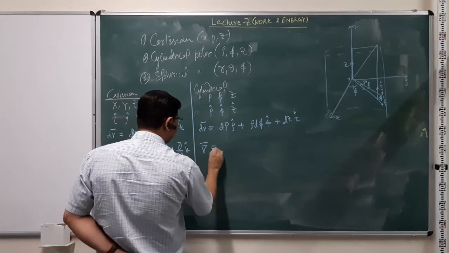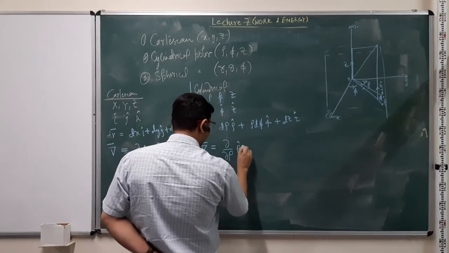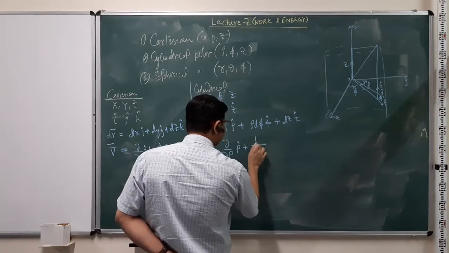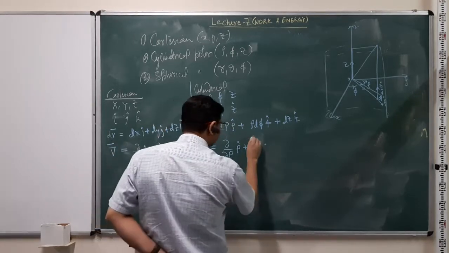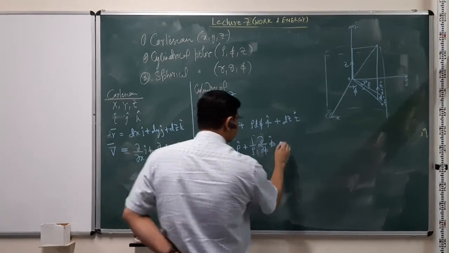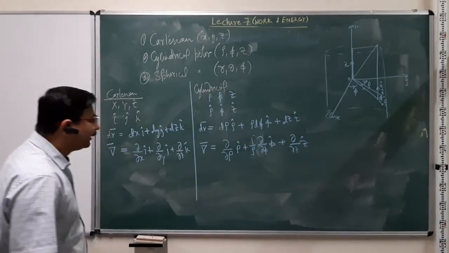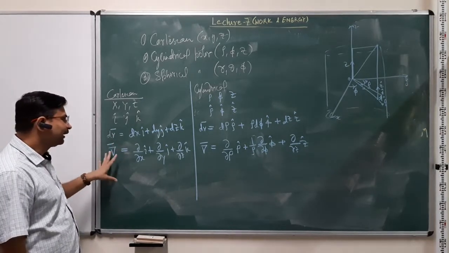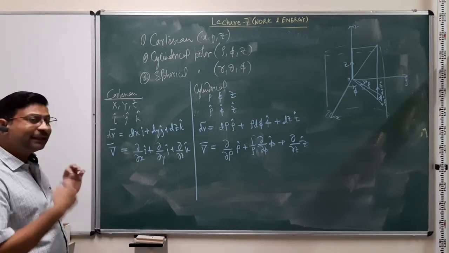And now similarly we can write down the del operator, which is then del over del rho in the rho cap direction plus 1 over rho del over del phi in the phi cap direction plus del over del z in the z cap direction. Okay, and here again we should note very carefully that the infinitesimal displacement still is a length.